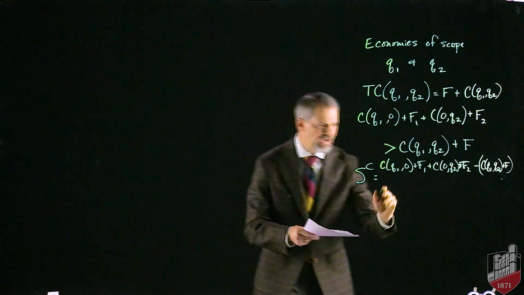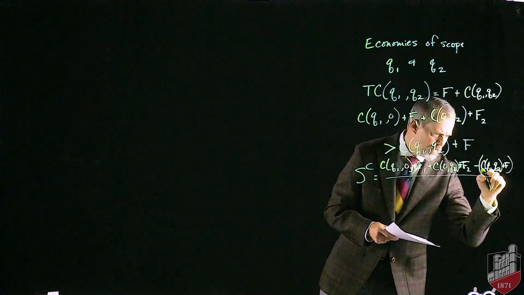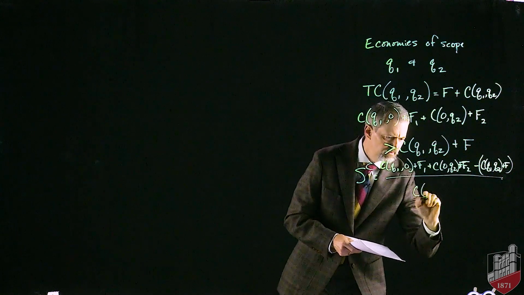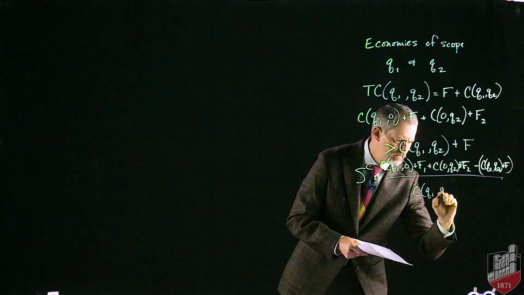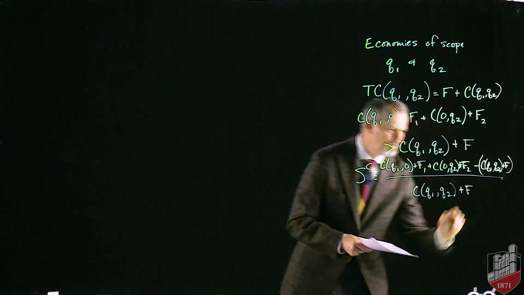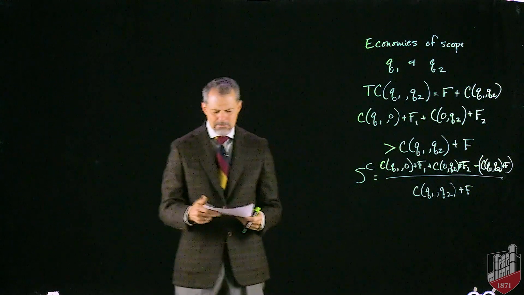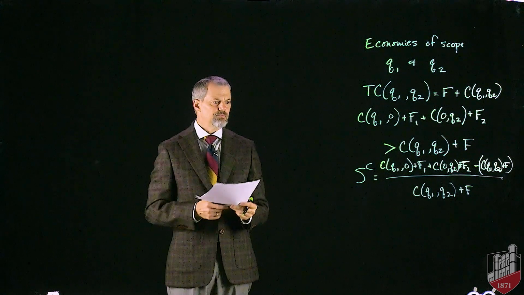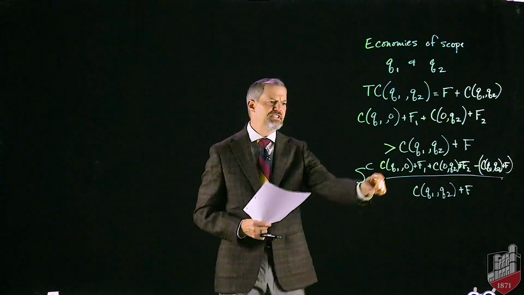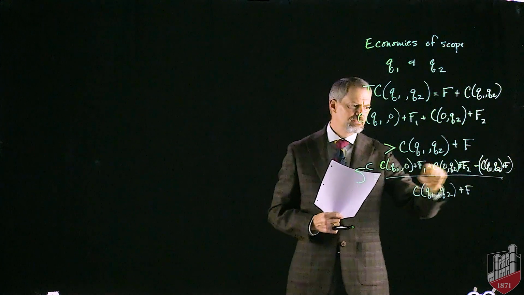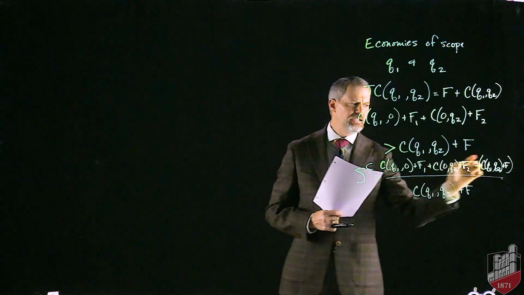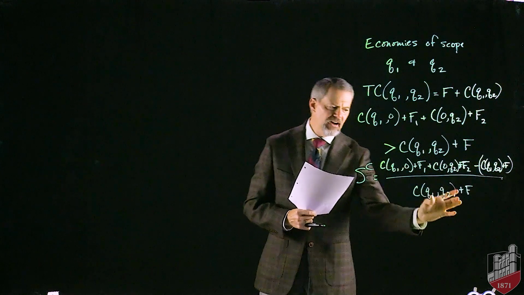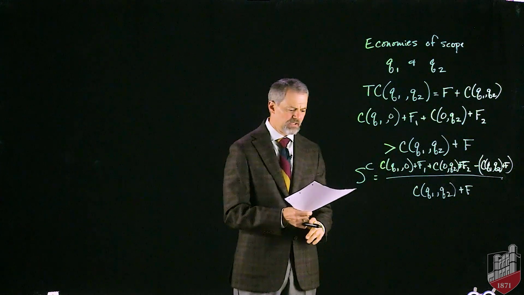And then we're going to divide by that. So this is the difference in cost from producing them separately and producing them together, divided by the cost of producing them together.